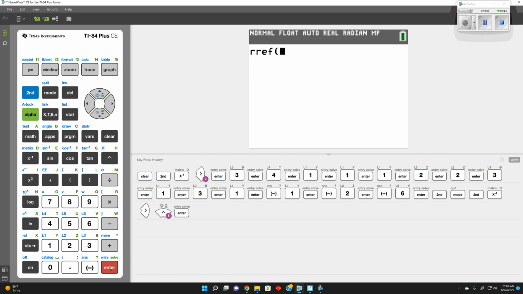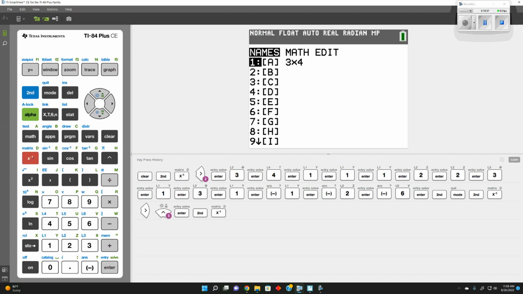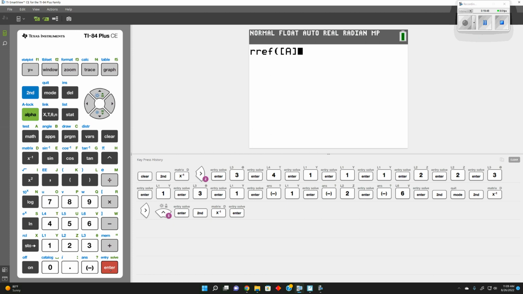Any questions on this so far? Now we need to call up the matrix we want to apply this to. So again, we're going to go second matrix. Now if we inputted that matrix into matrix A, we'll just hit enter, because this first row is the matrix we want to actually apply the function to. So we hit enter.